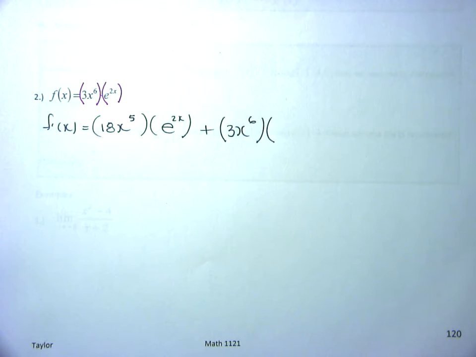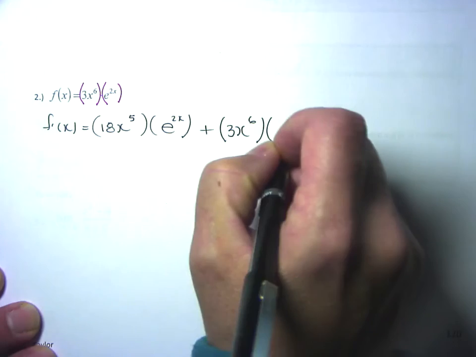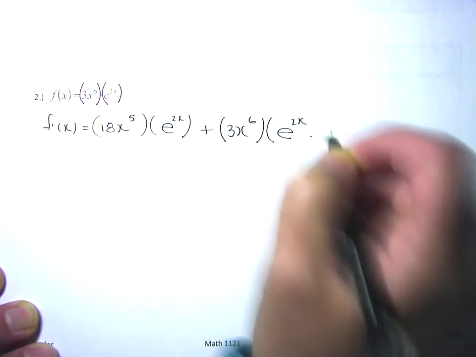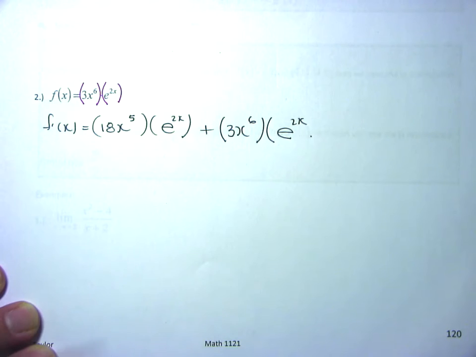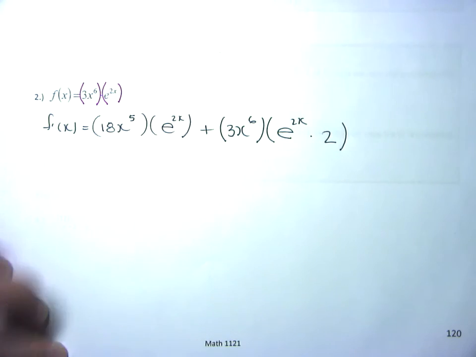All right, what is derivative of e to the 2x? By the chain rule, derivative of the outside would be e to the 2x times derivative of the inside, which is equal to 2.